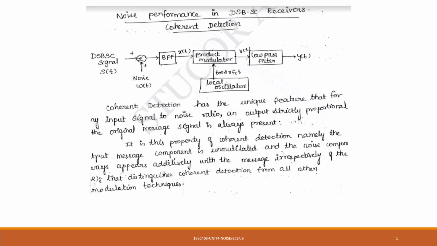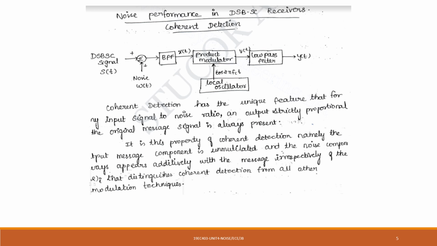So now with the help of these two parameters, let us move on to analyze the performance in case of a double sideband suppressed carrier receiver system. Hope we have learned already the concepts of DSB-SC AM in the previous units, as well as single sideband suppressed carrier system in your previous amplitude modulation topics, right? So this diagram represents the coherent detection or coherent demodulation of a double sideband suppressed carrier AM receiver.